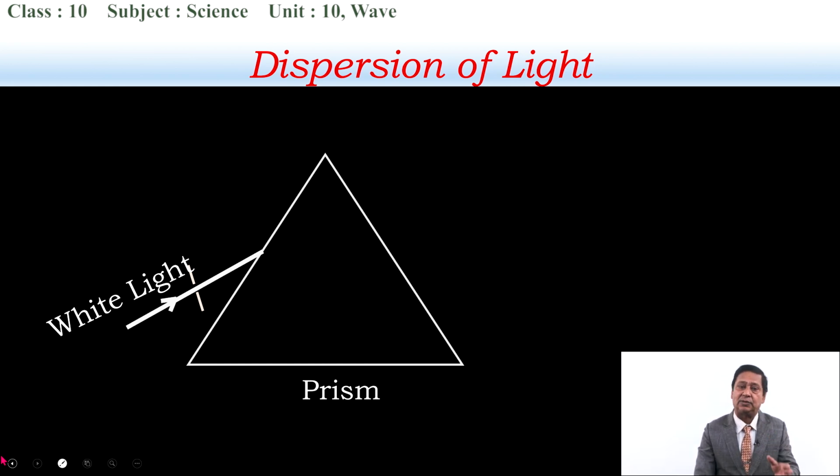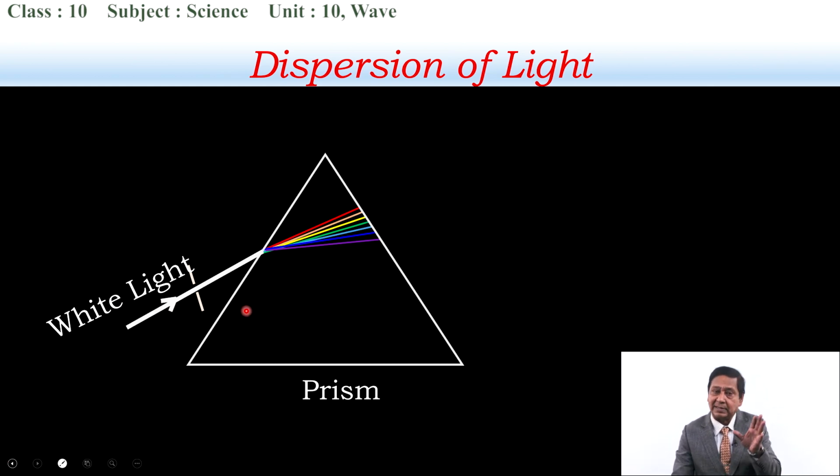It divides into 7 different colors. At one edge we'll have red color, at another edge we have violet color, and the remaining 5 colors are also seen in between red and violet. This way, when white light enters the prism, it divides into 7 different colored lights.